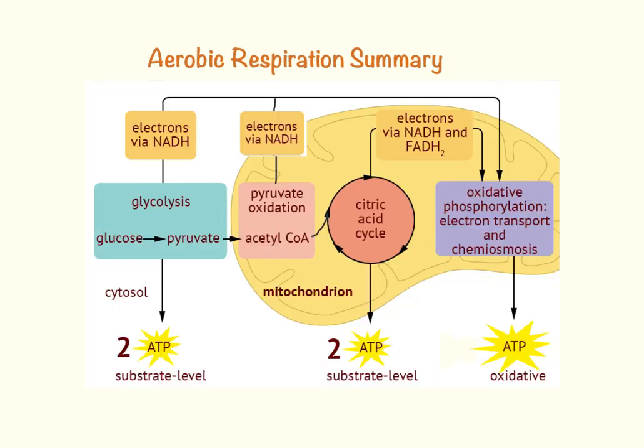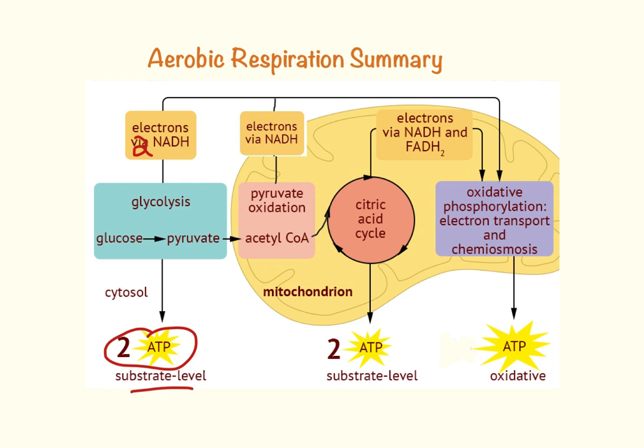Let's review the energy yield for this pathway. In glycolysis, a glucose molecule was oxidized into pyruvate, and this generated 2 ATP by substrate level phosphorylation, and 2 NADH were formed.